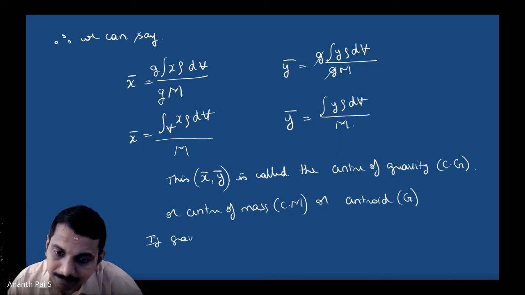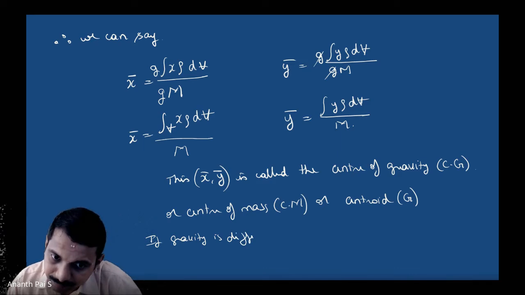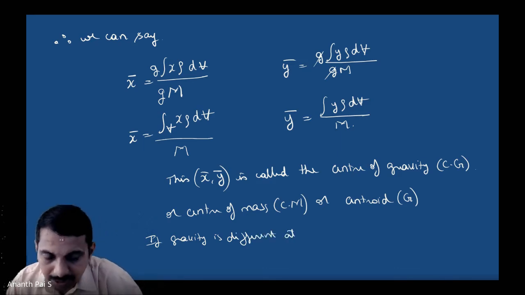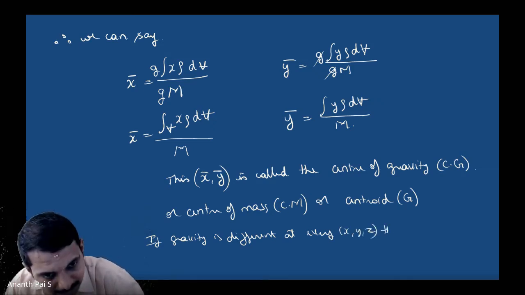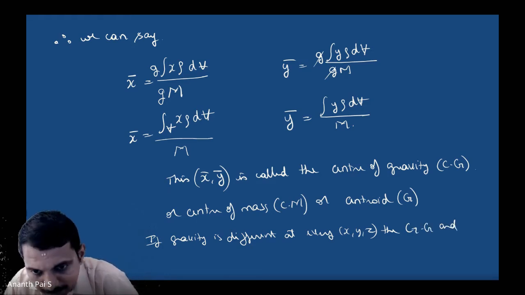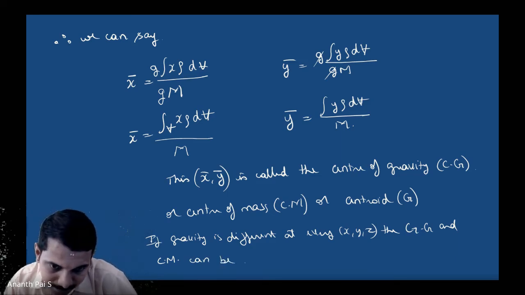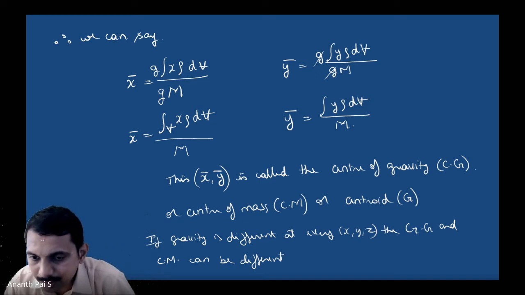So if gravity is different at every x, y, z, then CG and CM can be different. Otherwise, it is the same.